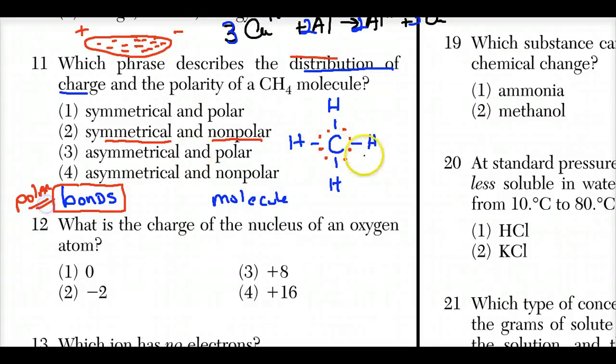But because of the equalness of them being in all directions, that makes every side have the same amount of electron density. Therefore, there's no negative or positive side. Very simple. If it's the same all the way around, it's symmetrical. If it's symmetrical, therefore the polar bonds cancel out. Very simple. So it has polar bonds, but it's a nonpolar molecule because of the symmetry.